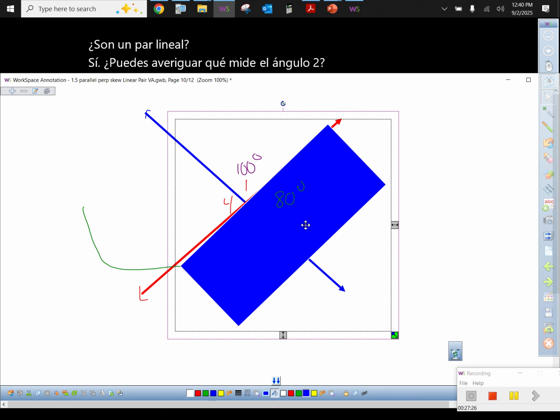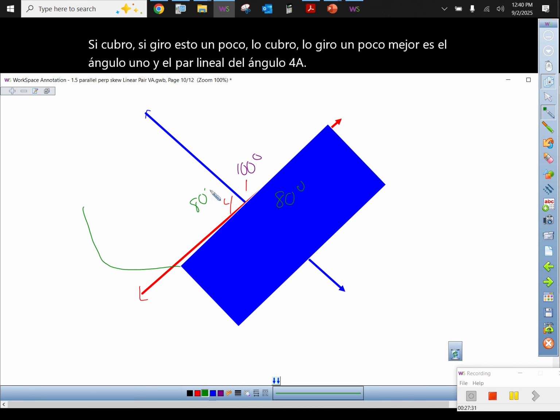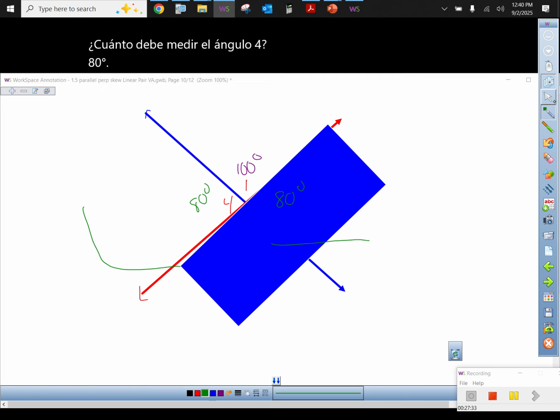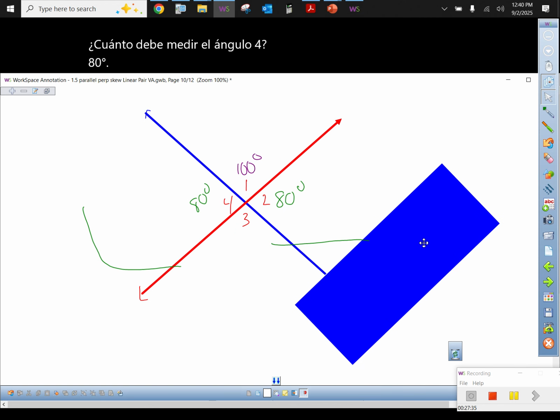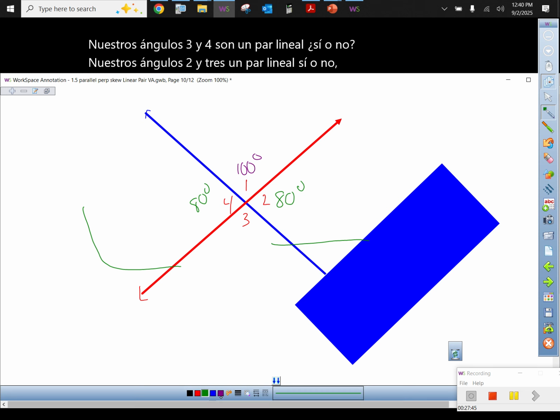How much should angle 4 measure? 80 degrees. And then finally, are angles 3 and 4 a linear pair? Yes or no? Are angles 2 and 3 a linear pair? Yes or no? Regardless of which way you're looking at it, how much should angle 3 measure?